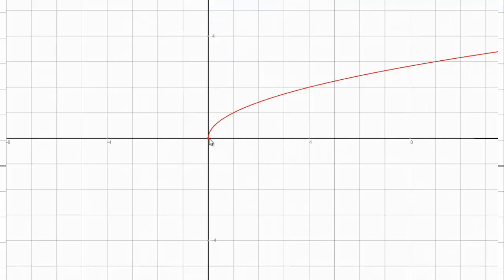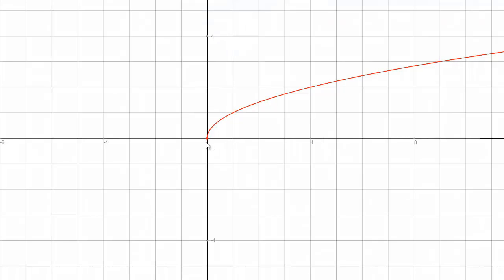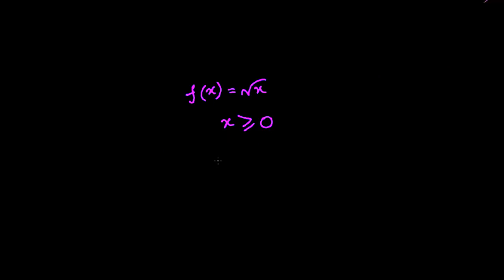If you check this visually, you can see the square root of x looks like this. And 0 is the smallest value it can have. Below that, it is not possible. So if you follow the vertical line, it can only be positive. So square root of x has a range of f of x greater than or equal to 0.